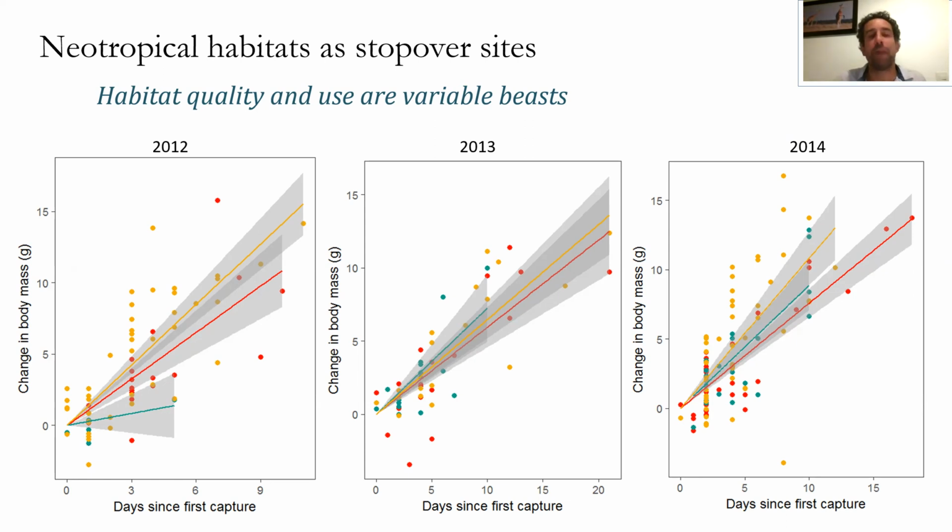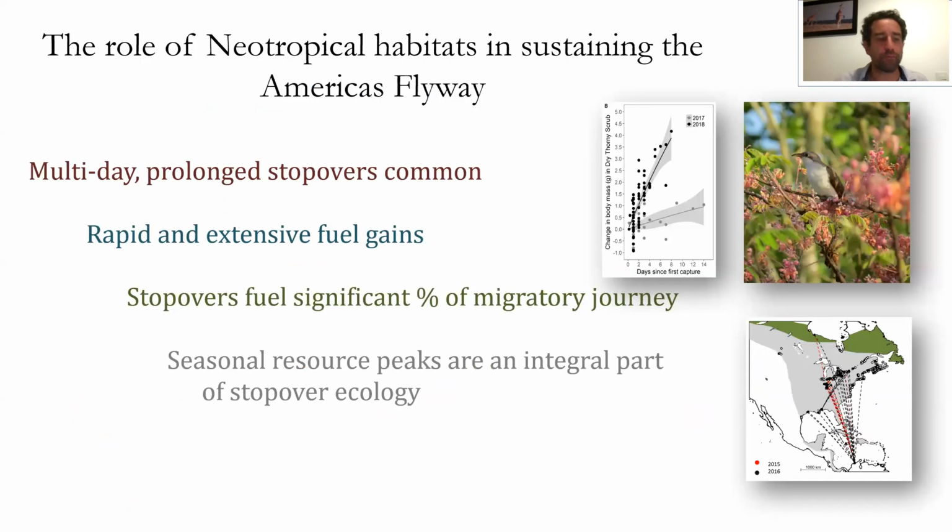But again, when we went back in subsequent years, those patterns started to change, and we saw this year-to-year variation, which seems to be associated with variation in fruiting phenology from one year to the next at the different elevations.